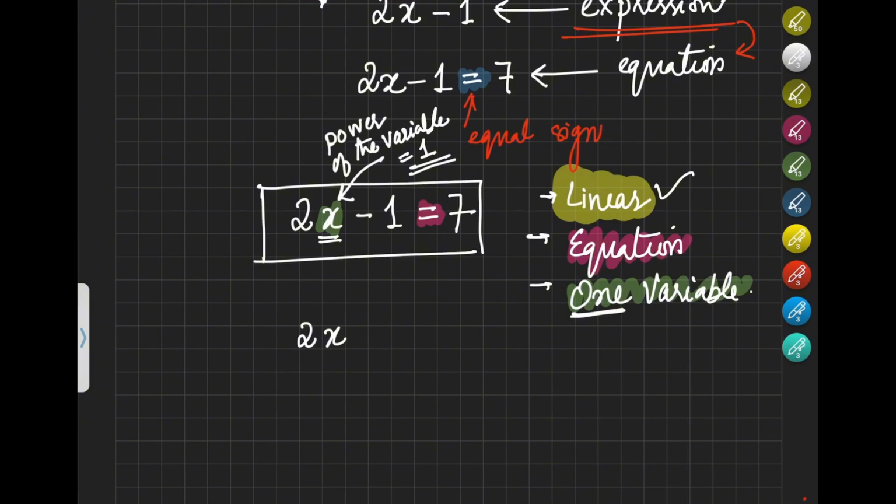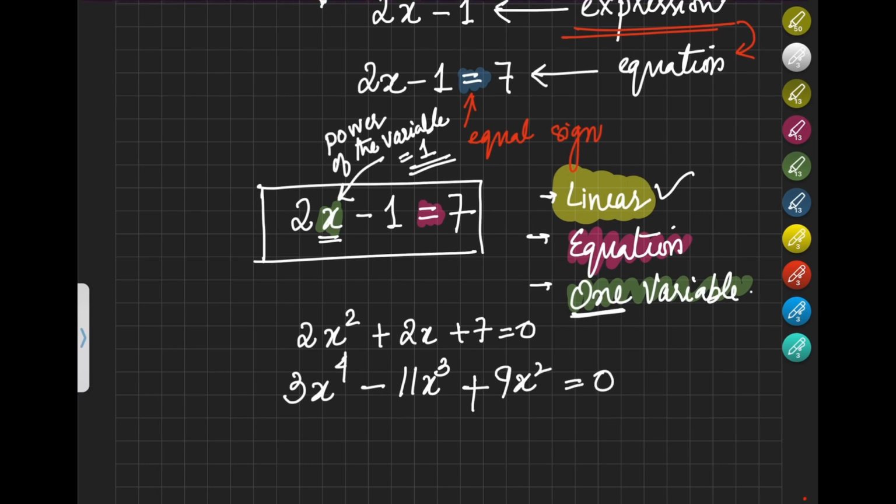I can write 2x square plus 2x plus 7 is equal to 0. 3x to the power 4 minus 11x cube plus 9x square is equal to 0. Then 8x cube minus 11 is equal to 0.